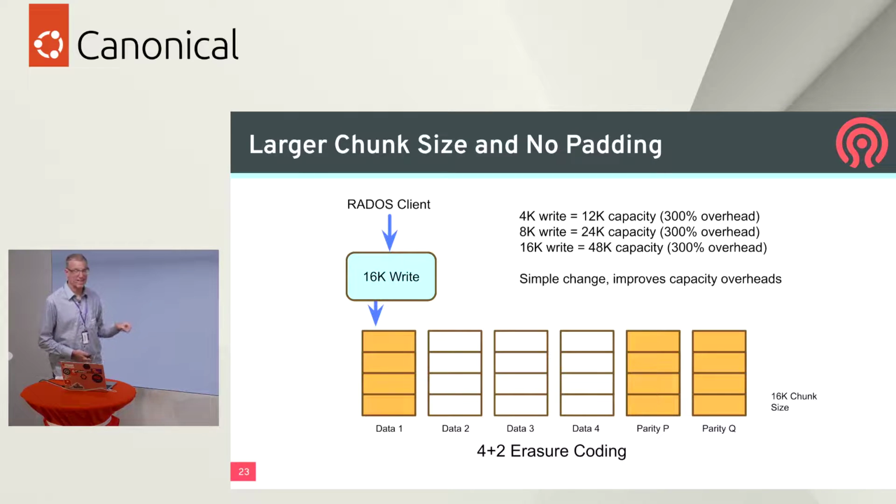If we don't write the padding, we can actually write just 1 byte on the data drive and 1 byte on the coding parities. Now, okay, the object store is probably going to pad those out to 4K, but modifications and overwrites to that are then much more efficient in the object store.